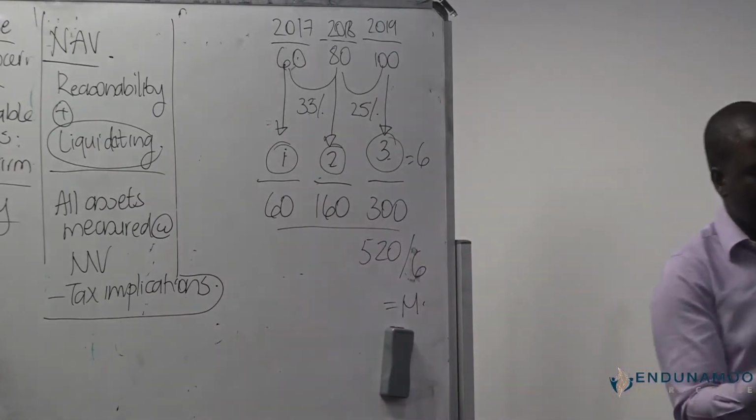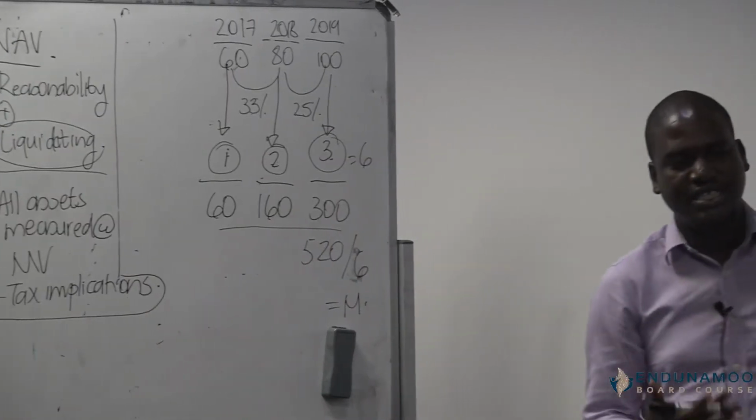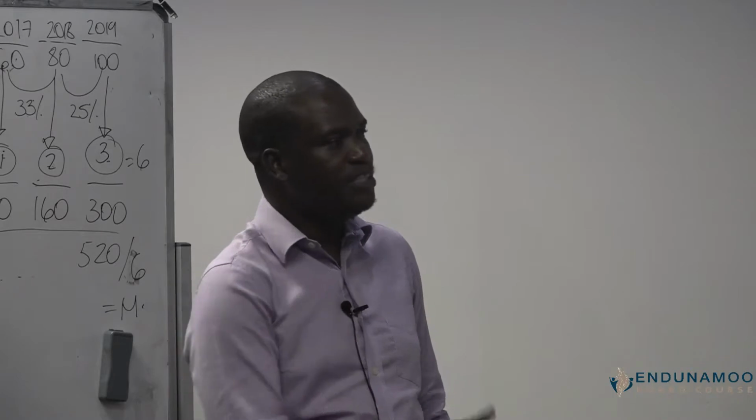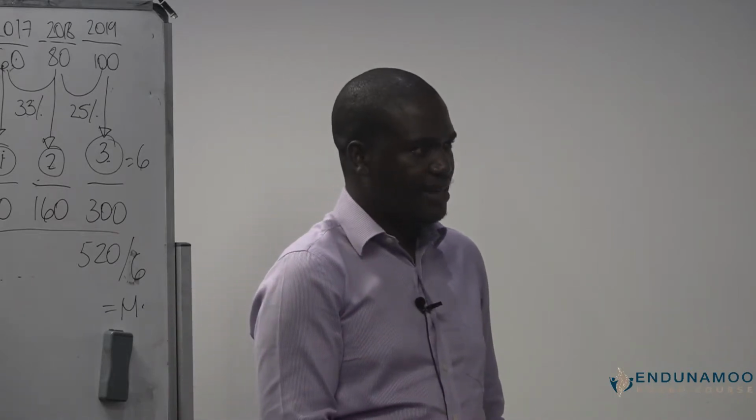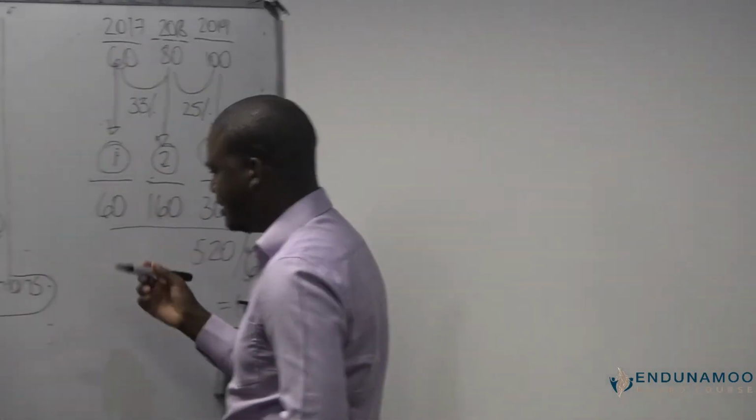And if you're doing IFRS, all the assets on your balance sheet or statement of financial position will have already taken into consideration the tax effects of potential sales. Are we together?